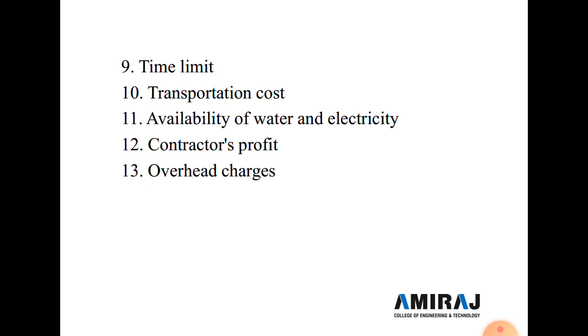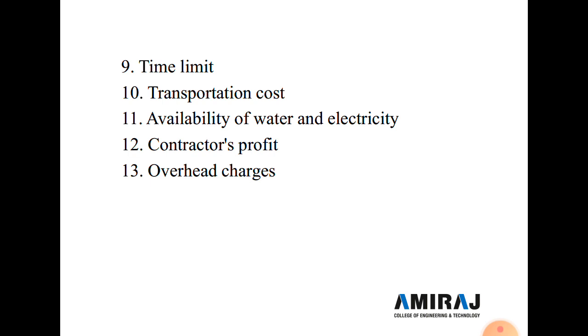Now the 13th and last factor which affects the rate analysis is overhead charges. This includes items like office rent, salaries of staff, lighting, traveling, telephone bills, charges or expenses, and stationery.